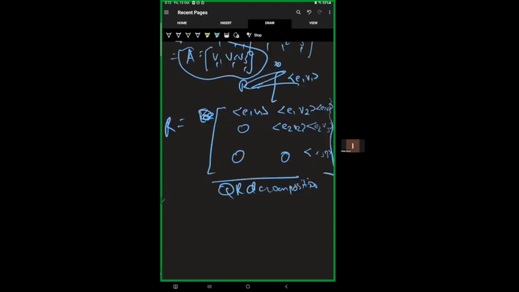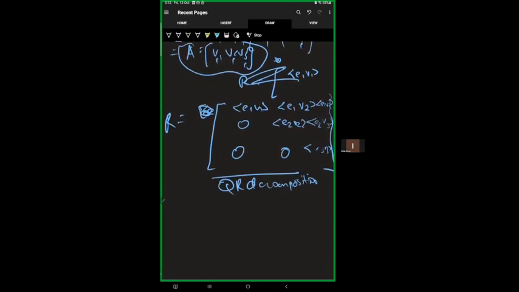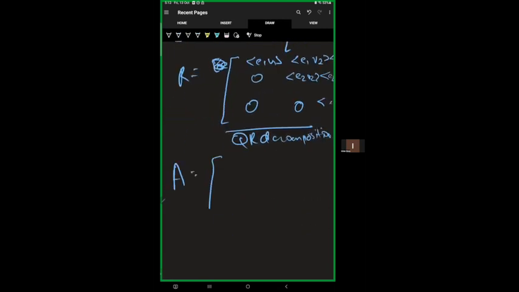So if we take a certain case where A is equal to 12 minus 51, 4, 6, 167 minus 68, minus 4, 24, minus 41.